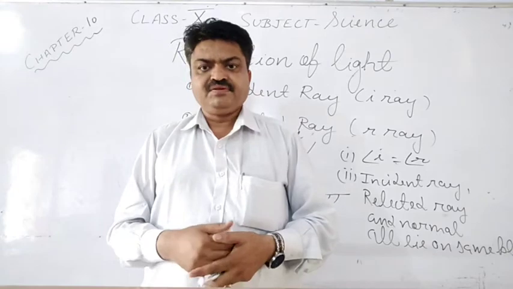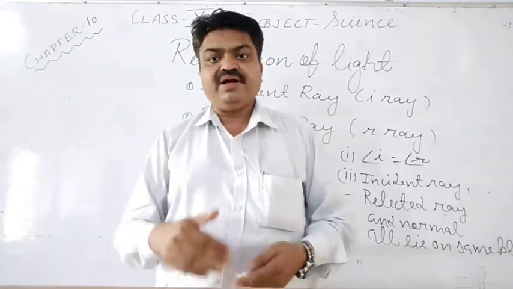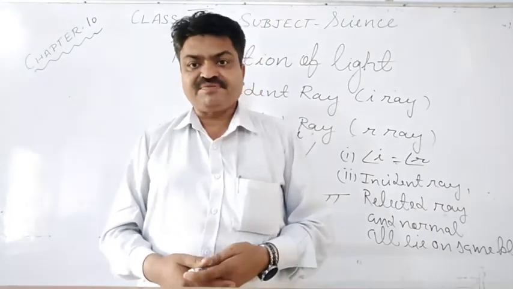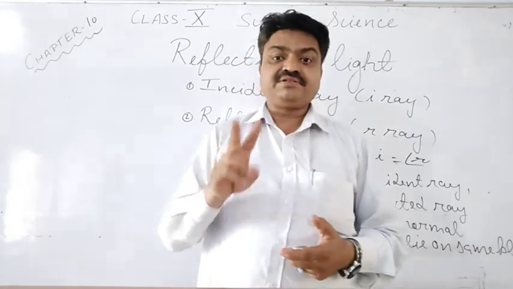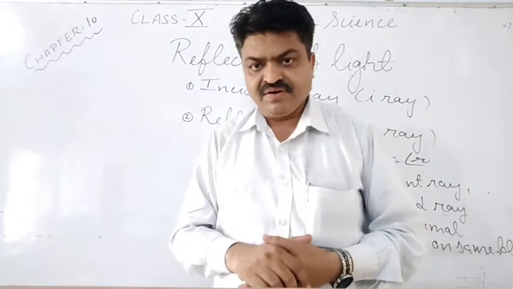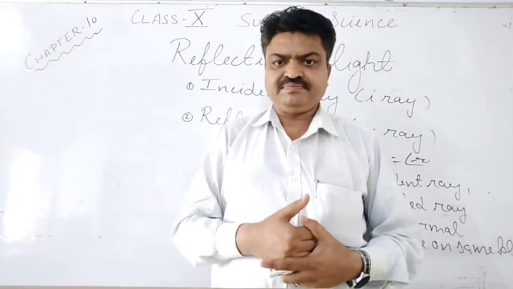inverted, student. And there is also another mirror, student, that is in your syllabus, the spherical mirror. And spherical mirrors are categorized into two types. First is the concave mirror, second is the convex mirror.